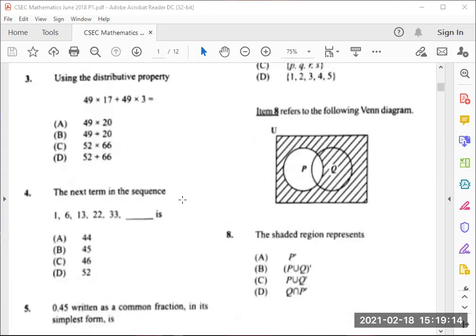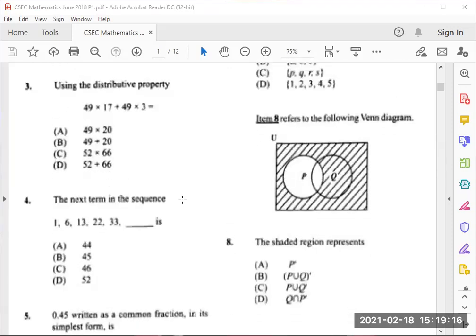Number 3, using the distributive law, 49 times 17 plus 49 times 3 is equal to? When you're answering in the chat, put the number beside the answer.